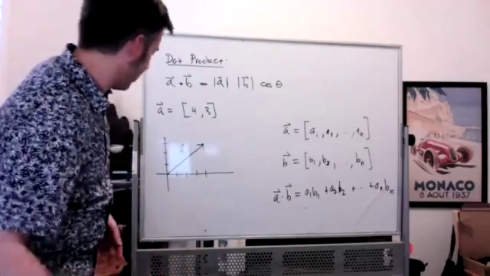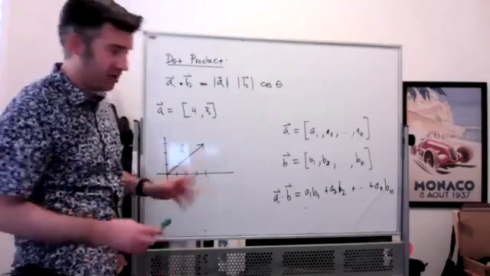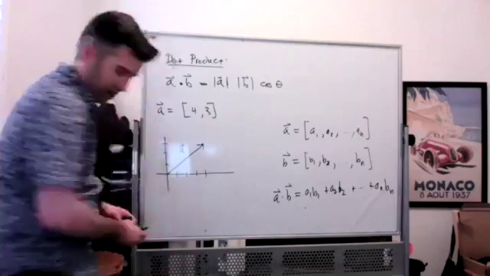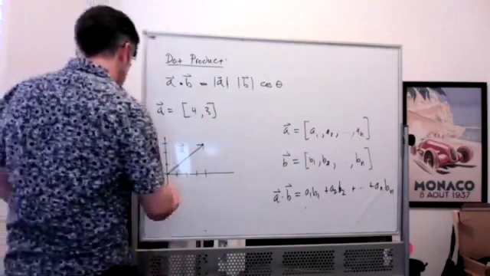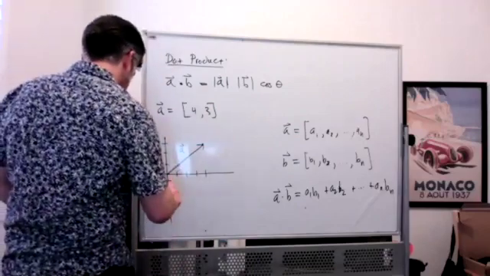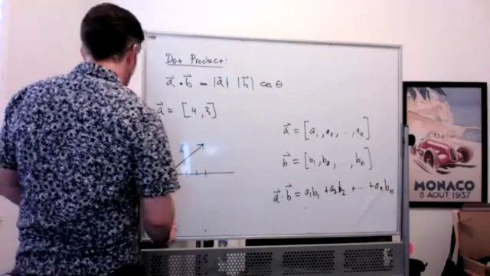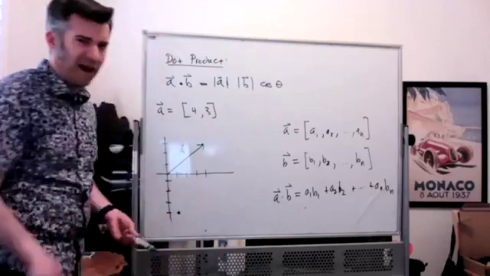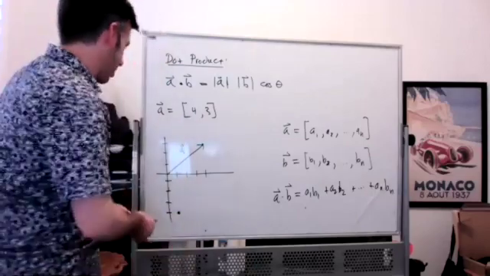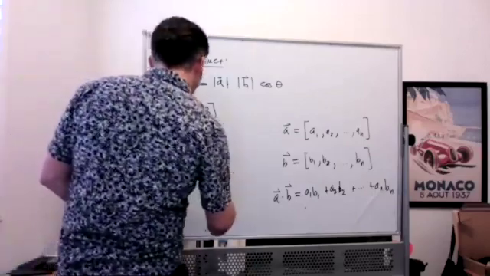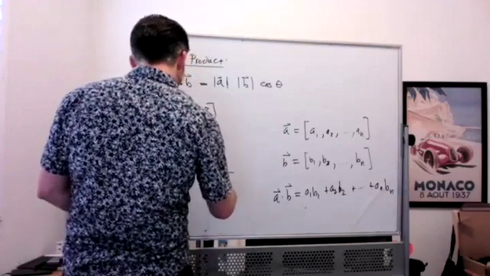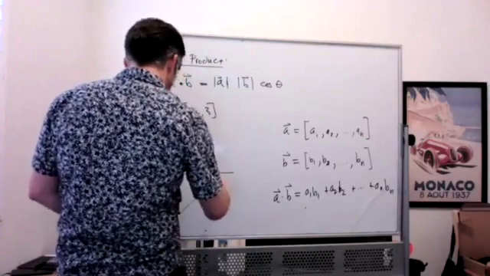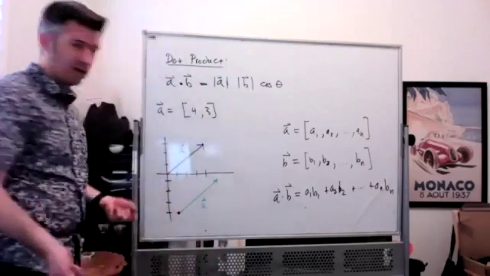You could also say, well, I'm going to start, I mean, it would be silly, but you could also be like, I'm going to start down here at, I don't know, 1, negative 4. You could do that. It would be weird, but you could then go over 1, 2, 3, 4, and up 1, 2, 3. And say, that's also the vector A, right?